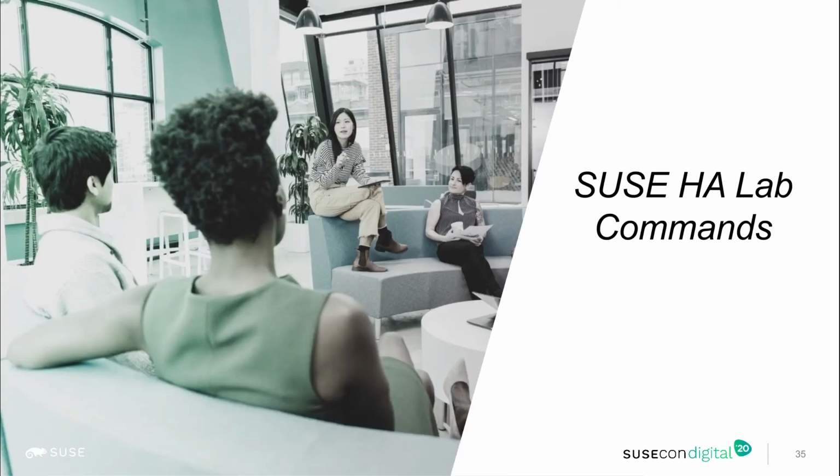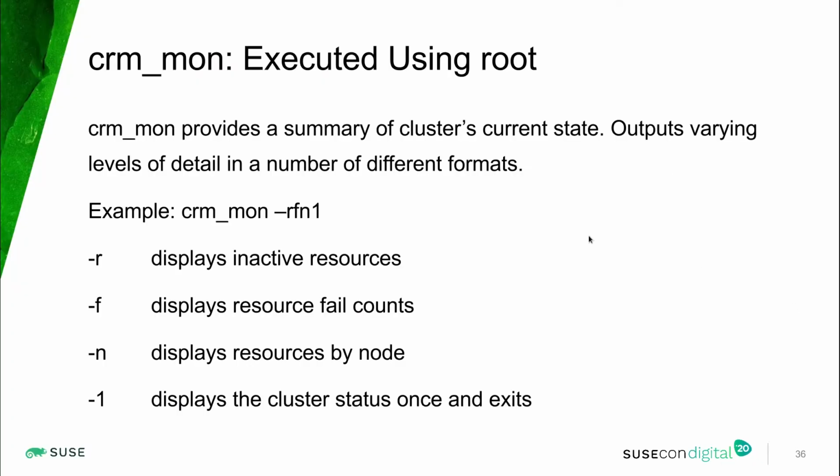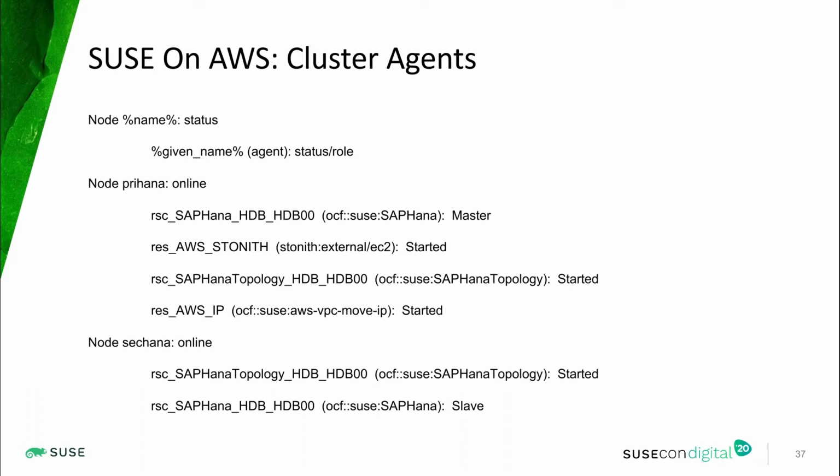Now we will look at the HA commands which will be executed during the lab time. The first command is crm_mon, which provides a summary of the cluster's current status. We can use some options like -r, -f, and -n. The output of the crm_mon command will show the cluster node state, the configured resource agents, and the nodes that run them.